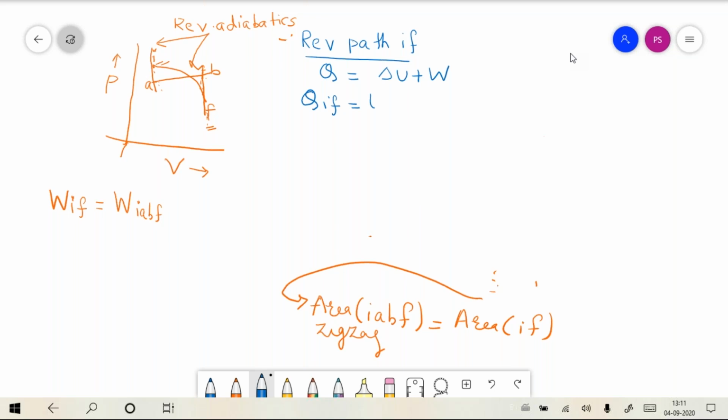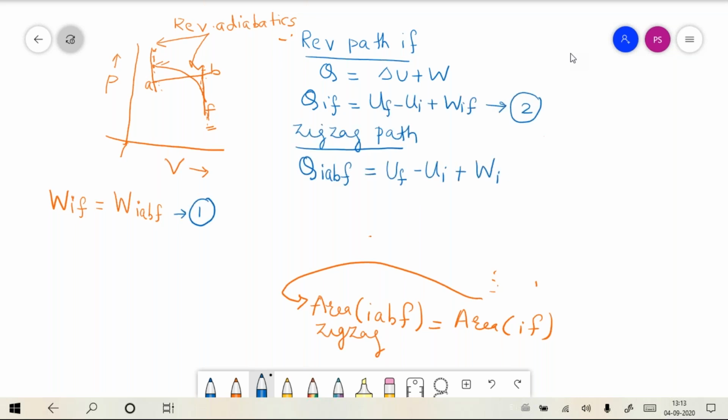The final internal energy is U_F, and the initial internal energy is again U_I, plus W_IABF. Let us call this process 3.